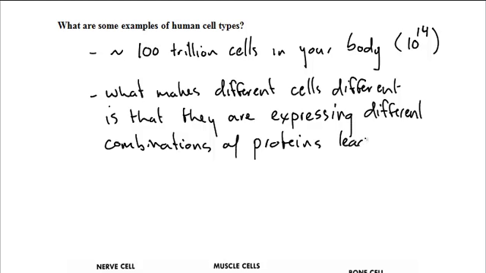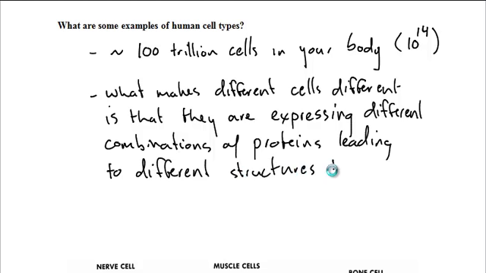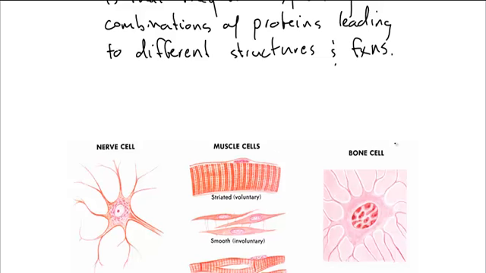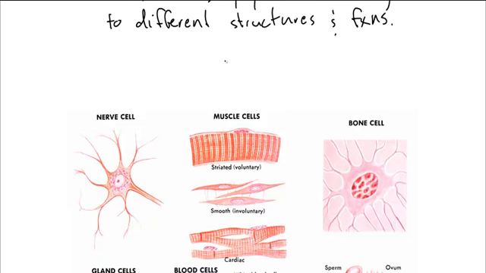And this leads to different structures and functions. And we're going to learn more about the specific structures and functions as we go through the various systems, but right now we're just going to take a quick overview. And you should know that these aren't drawn to scale.